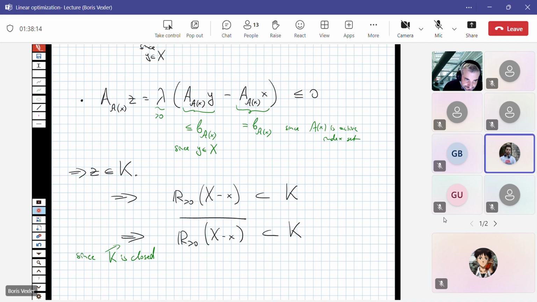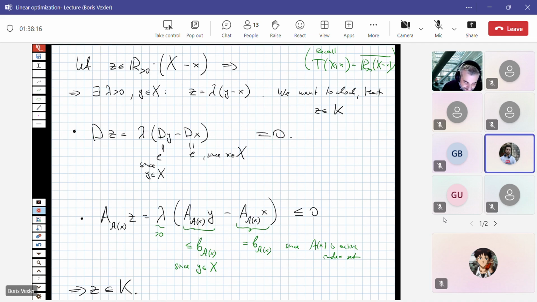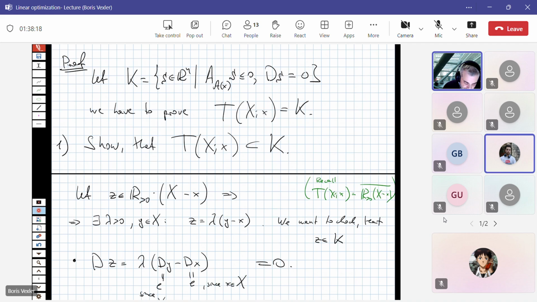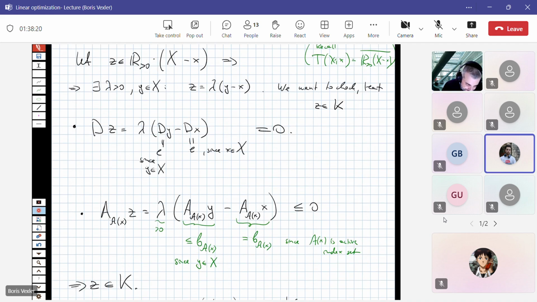Can we go back to the inequality argument? Which one? Below, yeah. So it is clear why A indexed with the active set of x is equal to b. Can we go back to the left part? Why is this less than or equal to b?